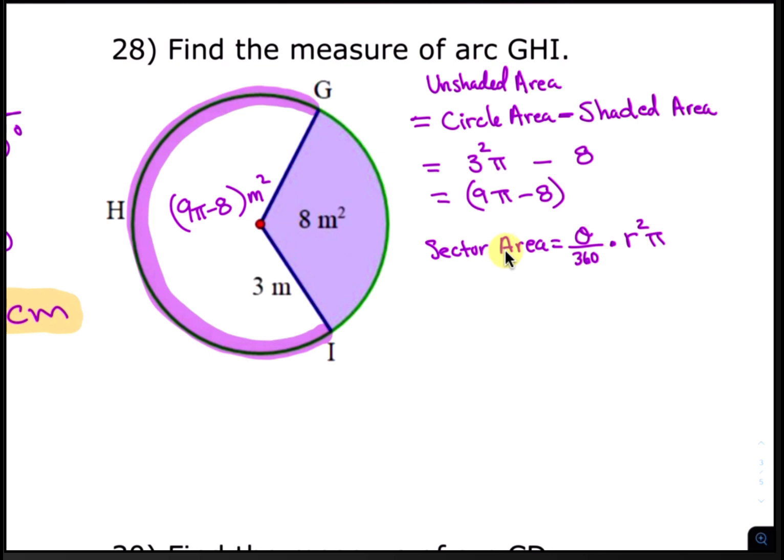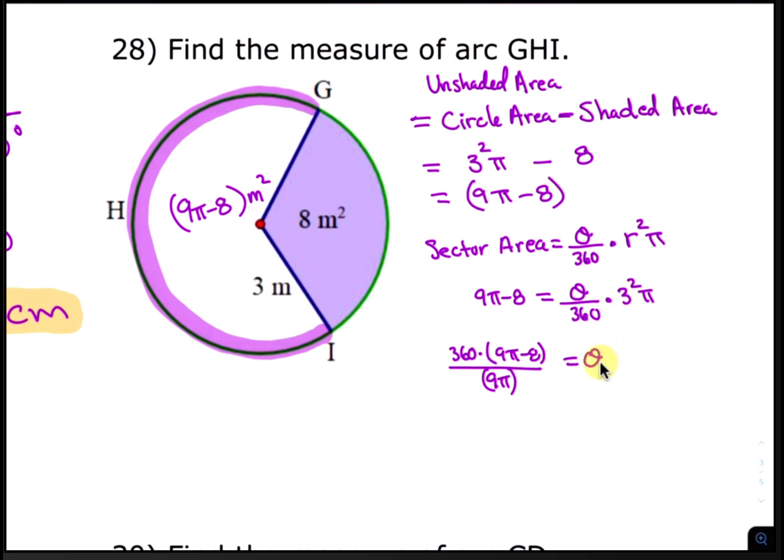Now we can set that equal to the formula, so the sector area is the degree measure divided by 360 times r squared pi. The unshaded sector area is 9 pi minus 8, and we also replace the r with 3.